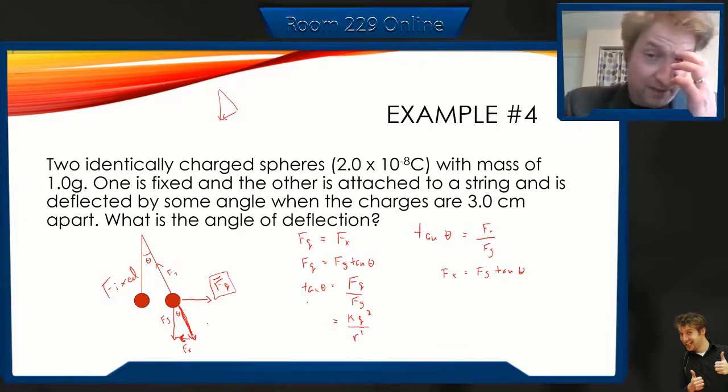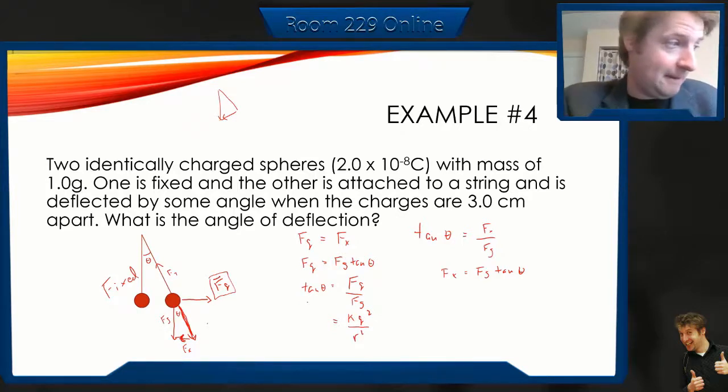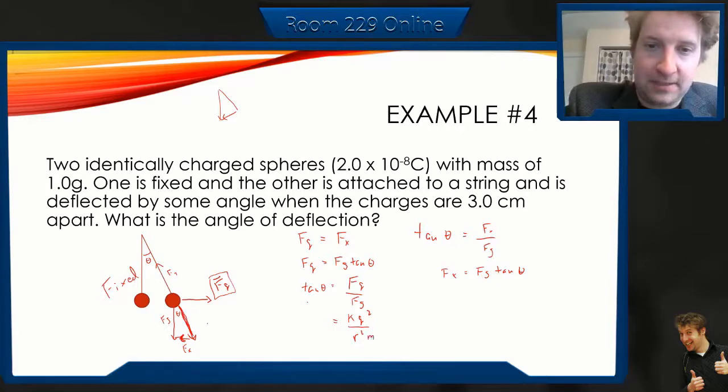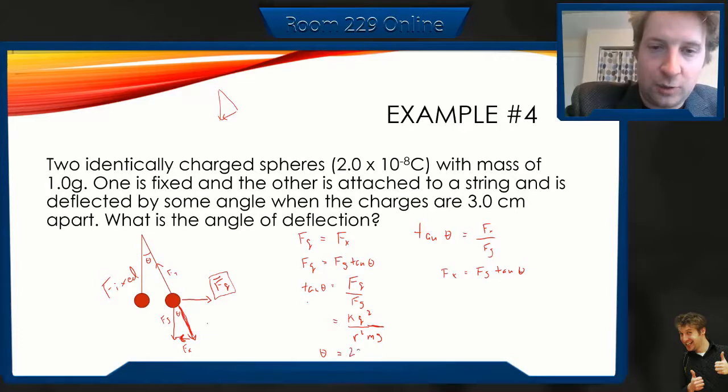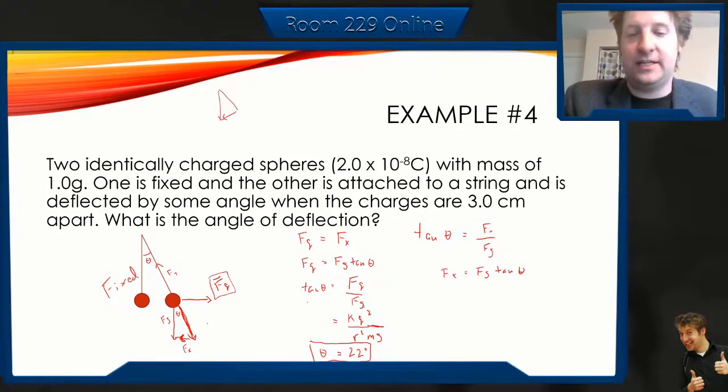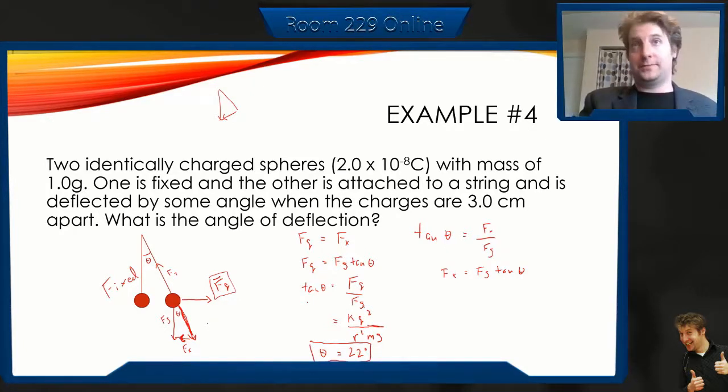And then we're going to be dividing by Fg, which is going to be the mass of the thing pulling down, times g. And when I work all that out, plugging in all my numbers, I get an angle of 22 degrees. Okay, when I plug in all that stuff and take the inverse tan, 22 degrees.